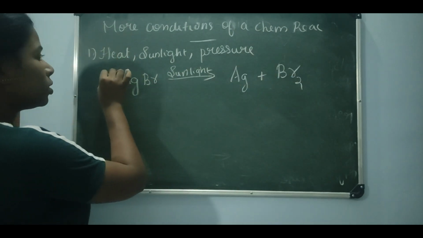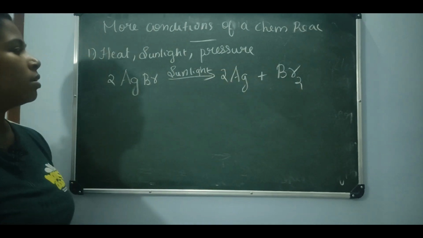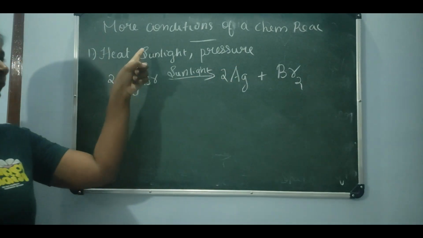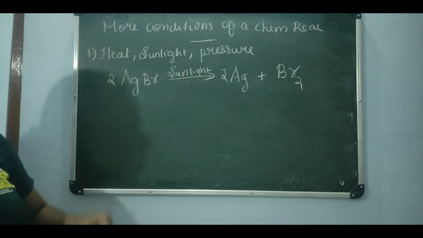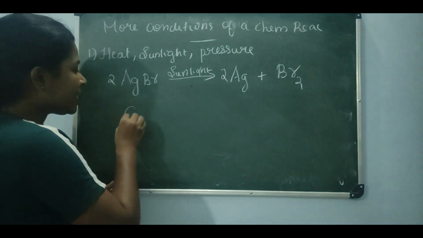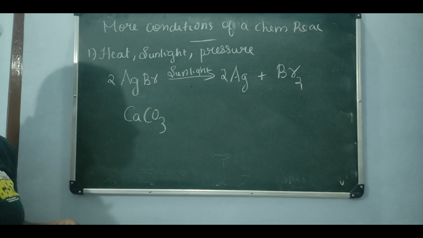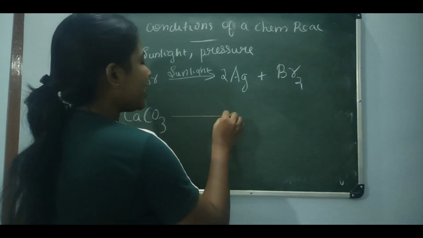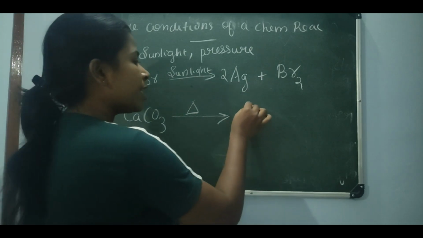Br2. So we know how to balance, right? See, this is the reaction. Here, the effect of sunlight is represented like this. Now, how to represent heat? Let's take calcium carbonate, CaCO3, limestone. When we heat calcium carbonate, what do we get?